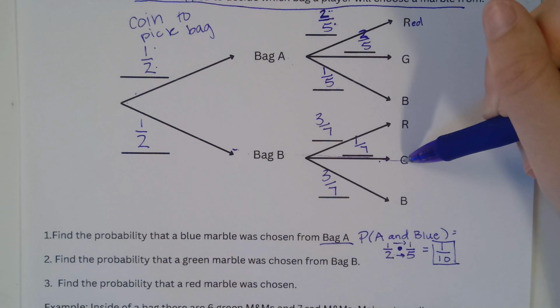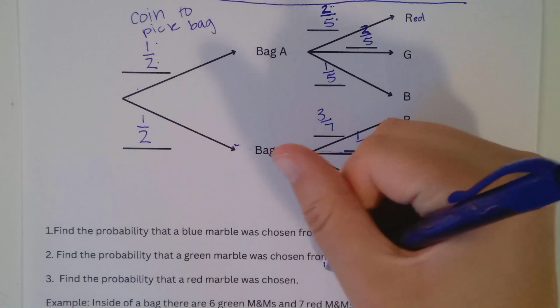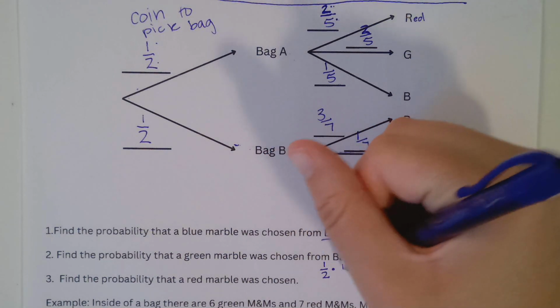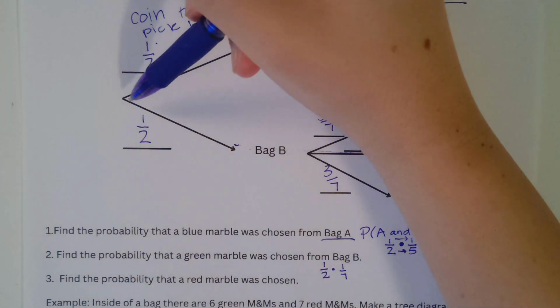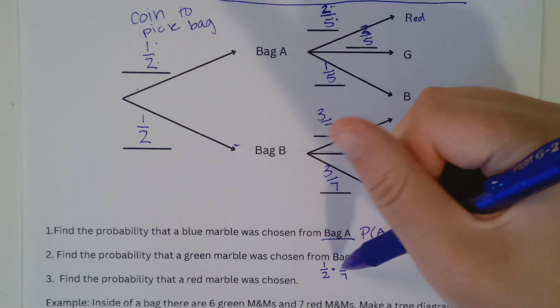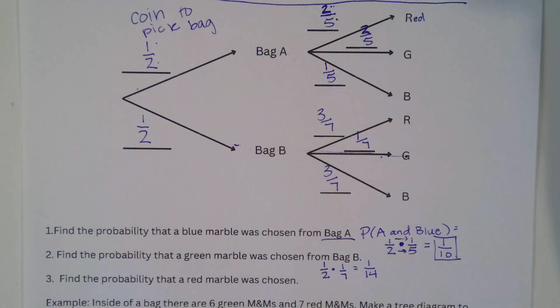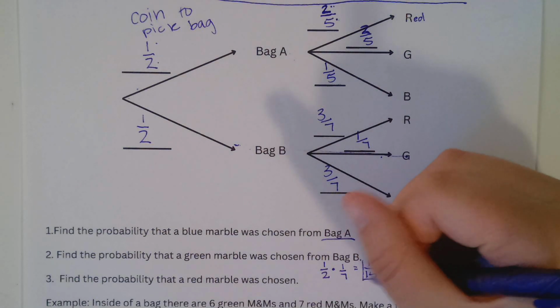Those are the two numbers I cross through, so that's what I'm going to multiply here. 1/2, and then 1 out of 7. In this case, 1 times 1 is 1, 2 times 7 is 14. And that would be the answer for that.